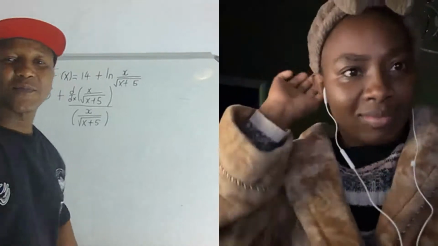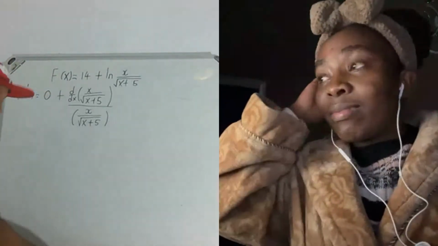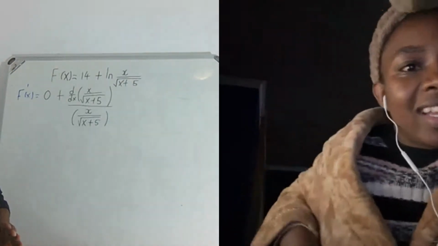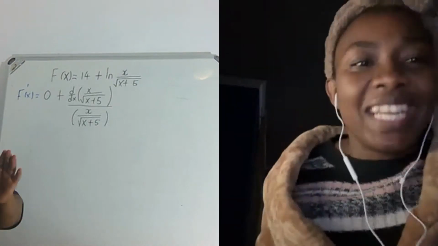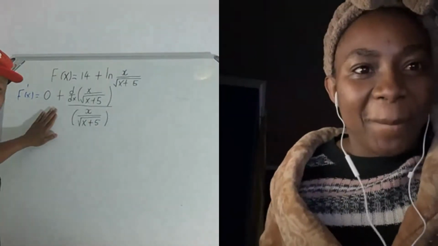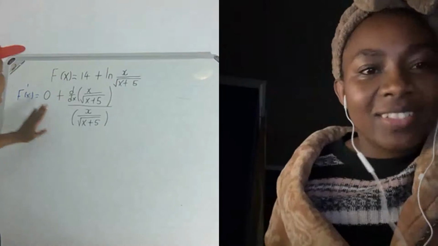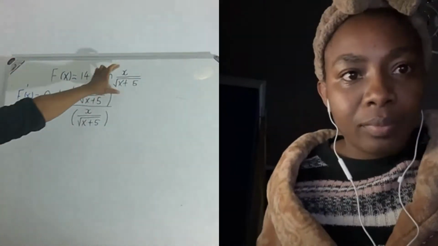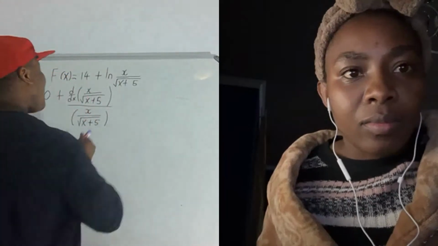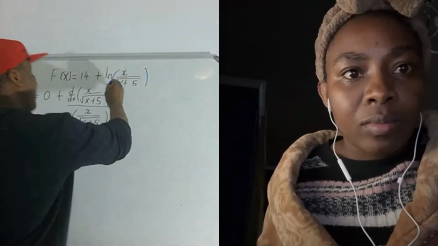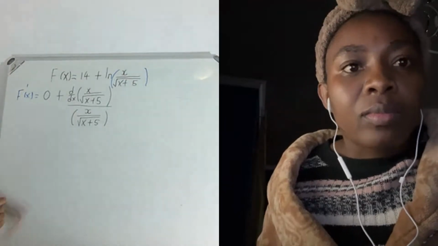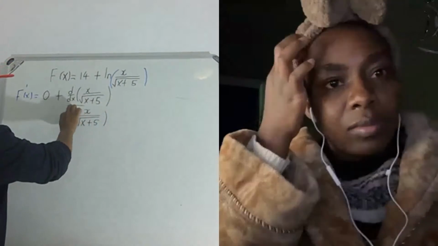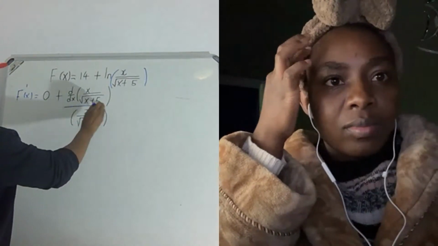So now let me say it again, right? You understand this one? Yeah. All right, so this is going to be 0, and then we differentiate what we have in front of the noun. Everything in front of the noun, we differentiate, which we say d/dx of that, and then we over. So there is nothing hard.